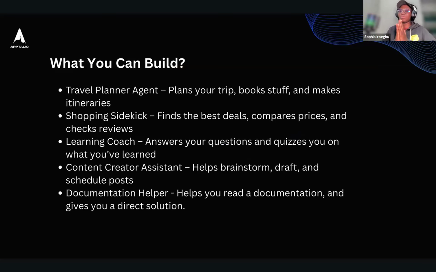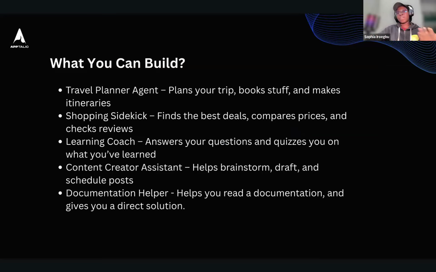Okay, so what can you build besides the things that I just talked about? You can literally build AI agents for anything. Like Trust said, AI agents or AI automation are here to automate big things in life.